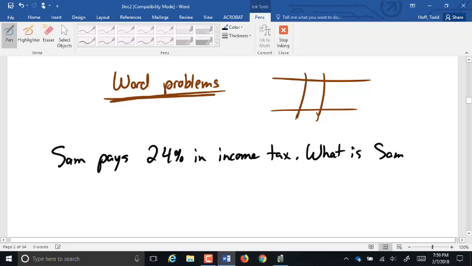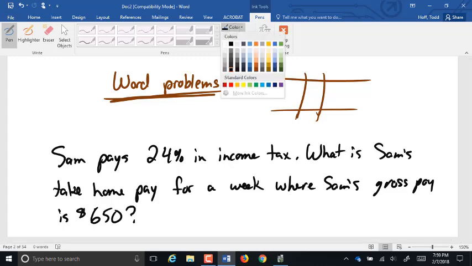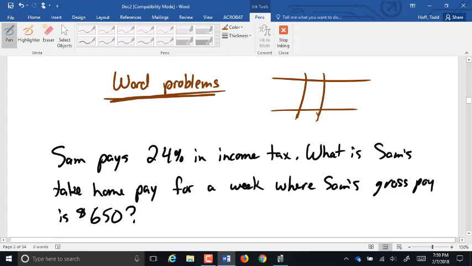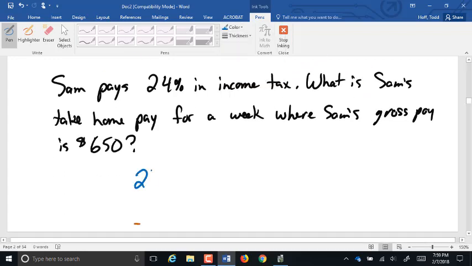What is Sam's take-home pay for a week where Sam's gross pay is $650? In a problem like this, if we label it, it saves us a lot of trouble.